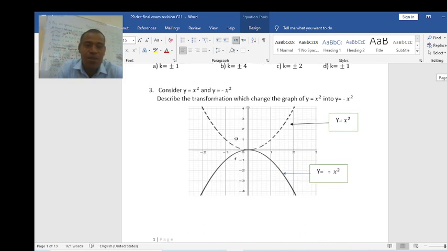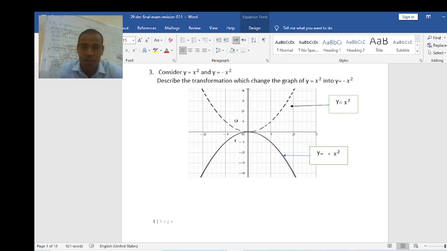Then for the next question we have: consider y equal x squared and y equal minus x squared. Describe the transformation that will change the graph of y equal x squared into y equal negative x squared. Here we'll see which kind of transformation. This is the curve of y equal x squared, and this is the image or the transformation that changed this curve to that one.